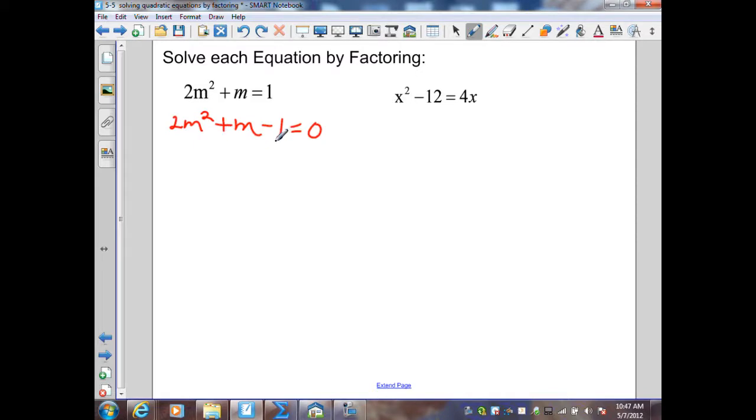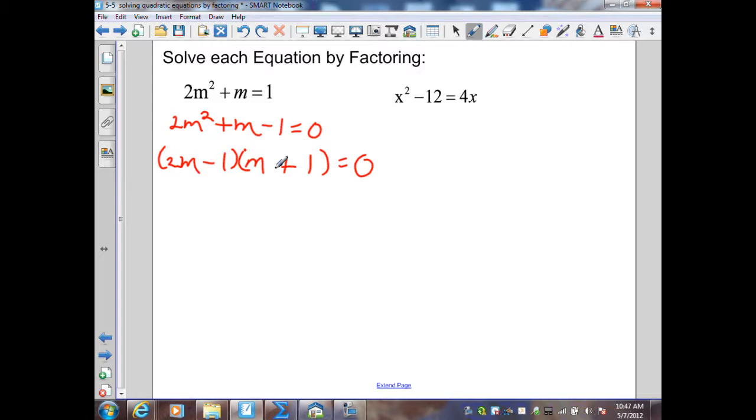There isn't one that I can factor out, so I'll put a product of its factors, 2 sets of parentheses. 2m and m. 2m times m is 2m squared. 1 will break up 1 and 1. Since it's a minus sign, I know the terms have to subtract to get the middle term, and it has to be a plus minus or minus plus. Since my middle term is positive, I know that it has to be minus plus.